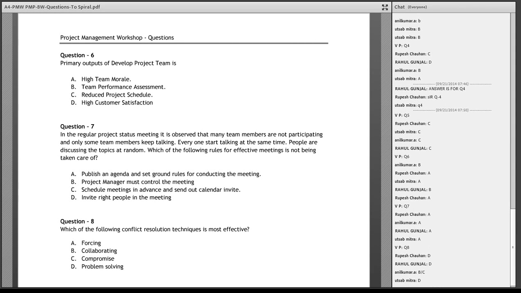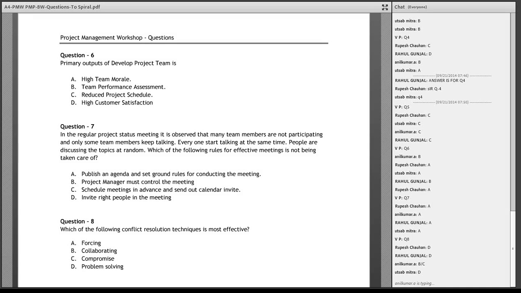Which of the following conflict resolution techniques is most effective? What is the difference between B and D? Actually, this question is incorrect. B and D are basically the same.